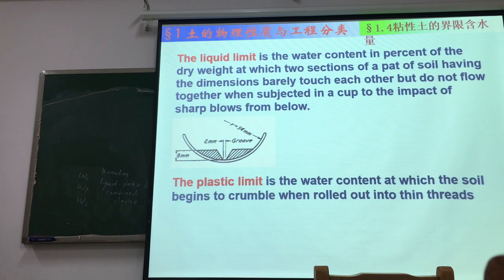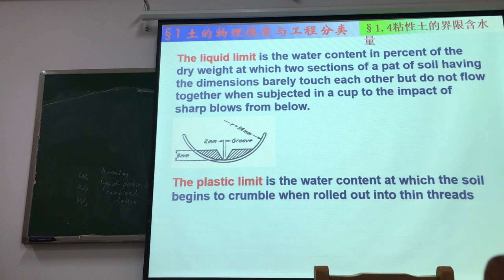What is the rolling method? In our textbook, in 13.5, the rolling method is relatively simple to carry out. The apparatus itself is simple.